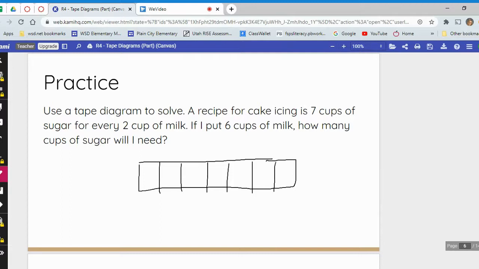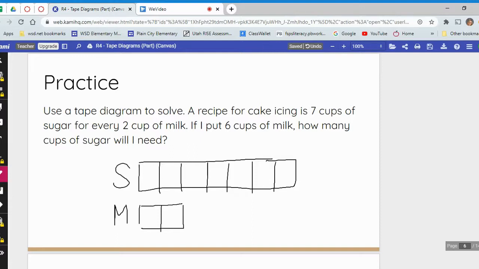And that's 7, right? I always double check. 1, 2, 3, 4, 5, 6, 7. Yep, I've got 7 sections. And that is sugar for every 2 cups of milk. And again, you can see I'm trying to keep them the same size of sections. And this is milk.